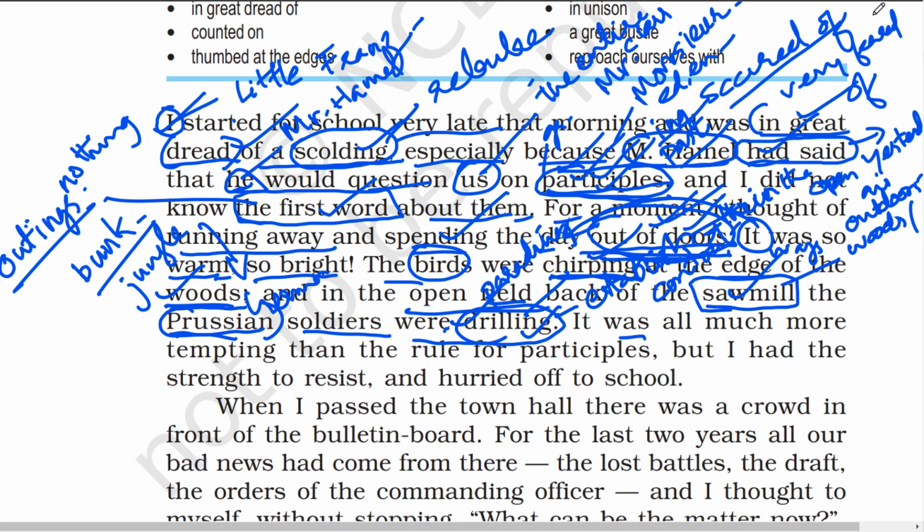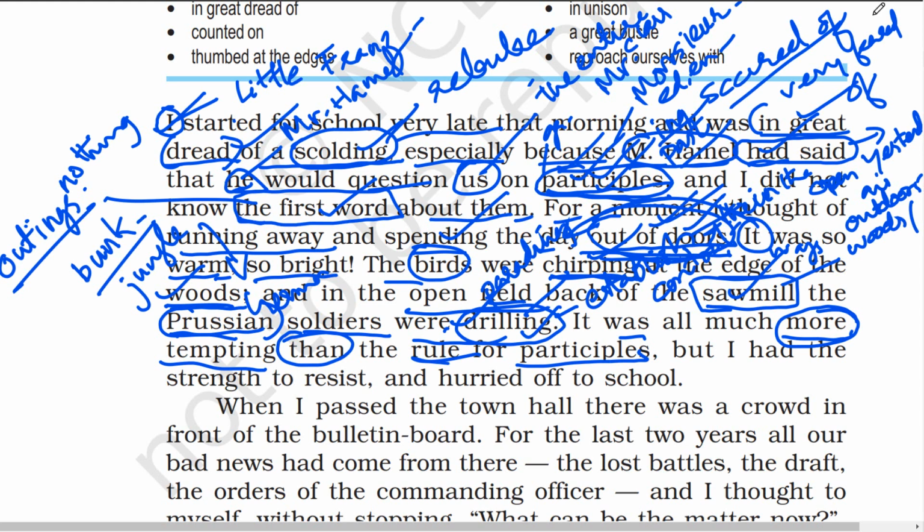It was all much more tempting. All these things, it was all much more tempting. Whenever the comparative more comes, we can expect that. What is more tempting? The rules for participles.